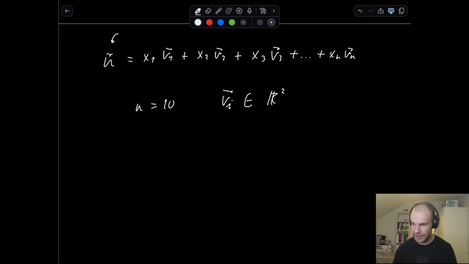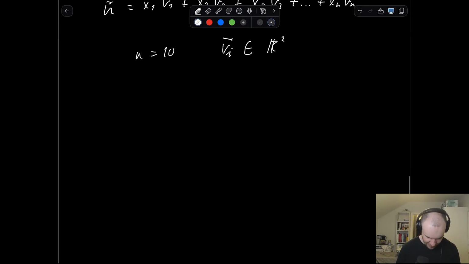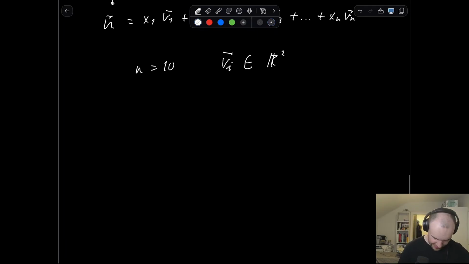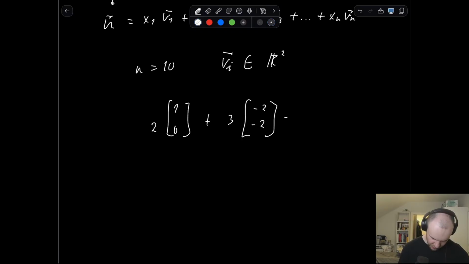Okay, so an example of that is, let's say I have the vector 2, 1, 0, and I could do plus 3 and minus 2 and minus 2, which will give me the vector, as you see, 2, 0, plus, I can just keep 3 there, minus 6, minus 6, like that.